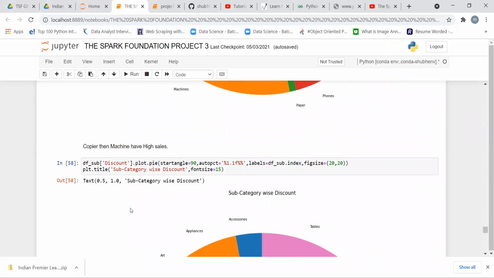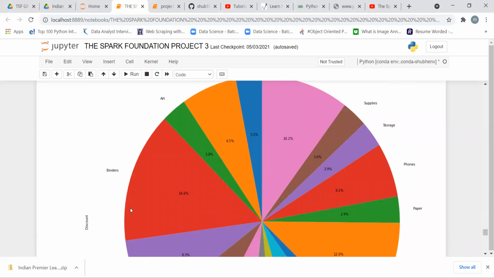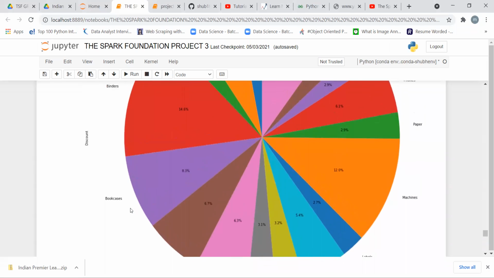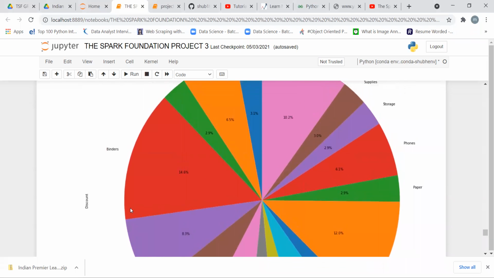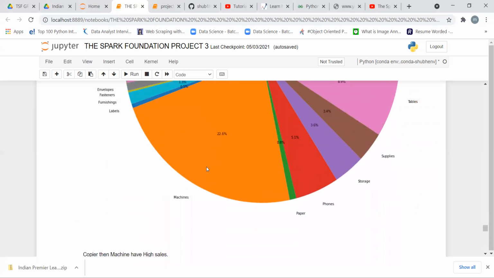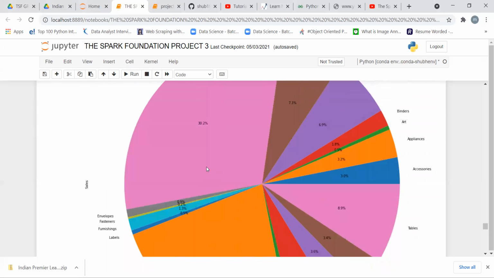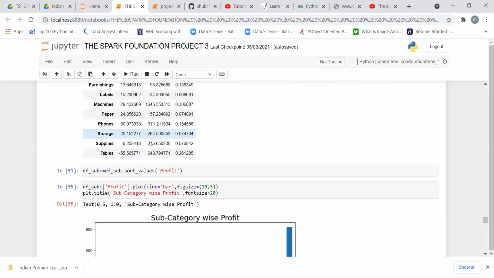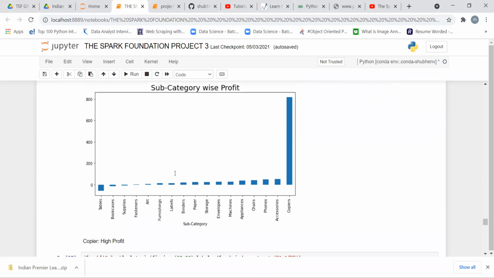Now, discount has an inverse relationship with respect to profit. The highest discount is given to the binders among the subcategories, at 14.6%. Here we use only a sorting value, so it is not defined for binders.